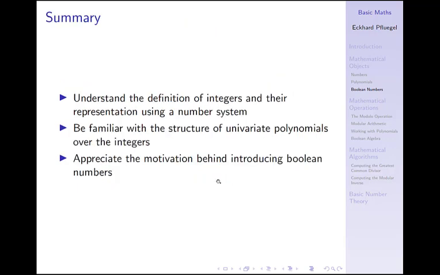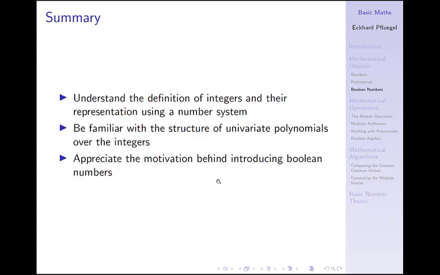So let's summarize the content of this section. Hopefully by now you understood the definition of integers based on a specific number system. We've looked at mainly the decimal number system and then also the binary number system, and there are obviously other number systems around, but those might be the most important ones. And you should be able to convert between those different number systems.